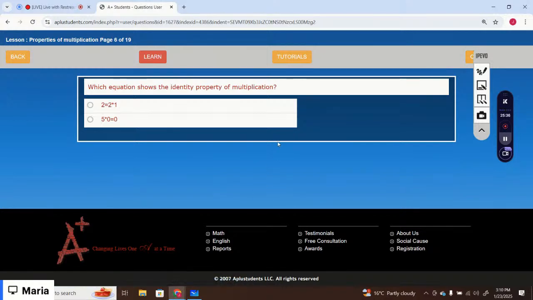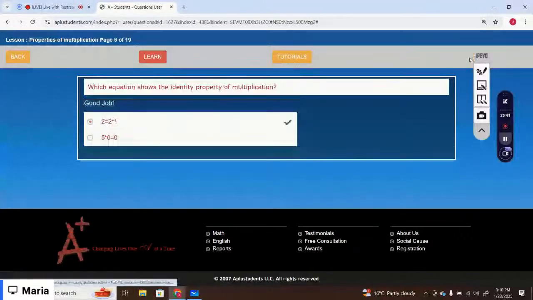Option number 1 is the correct option. That is the identity property of multiplication.